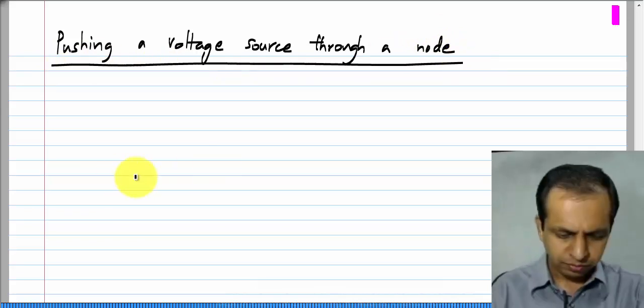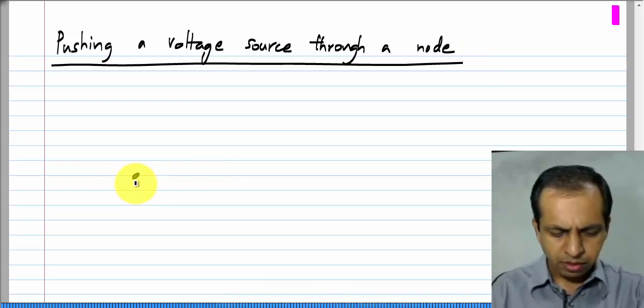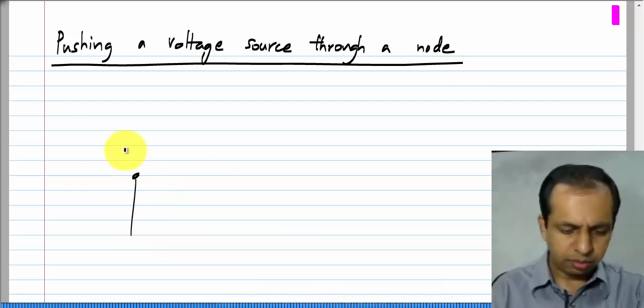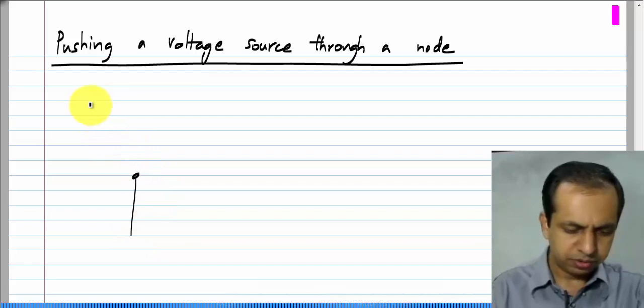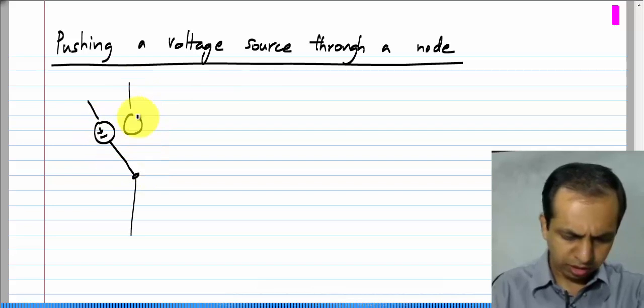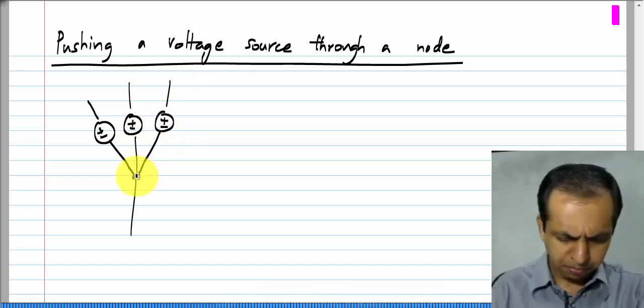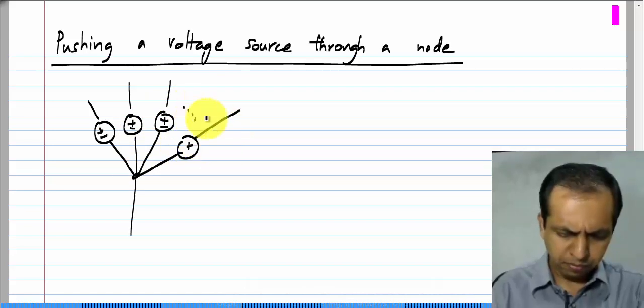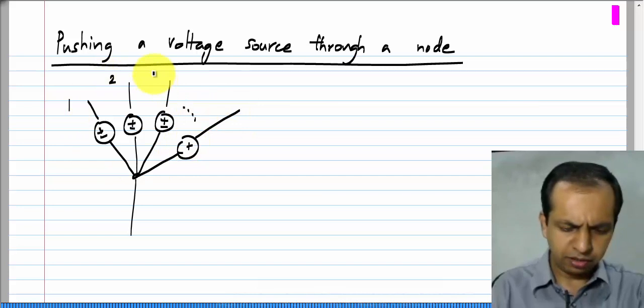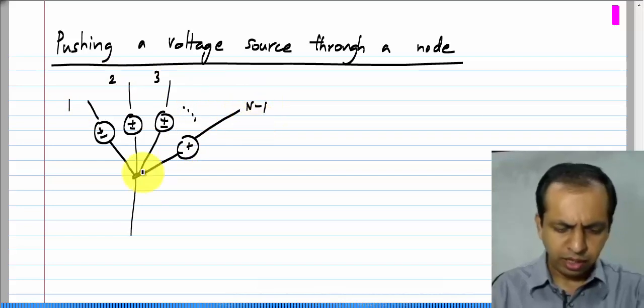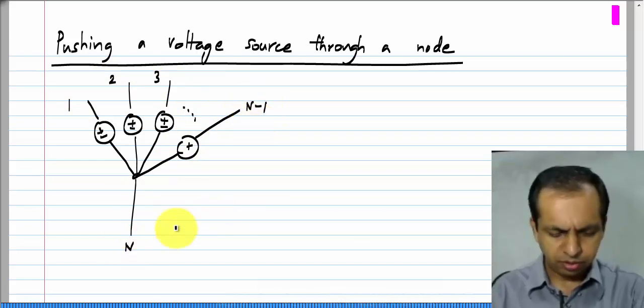Now, consider a node and a number of branches connected to this node. Let us say there are n branches connected to this node.